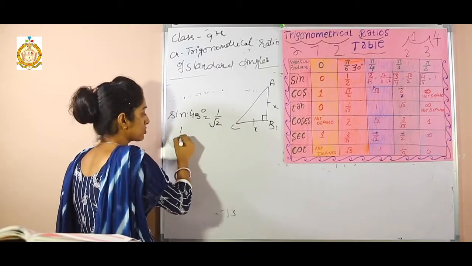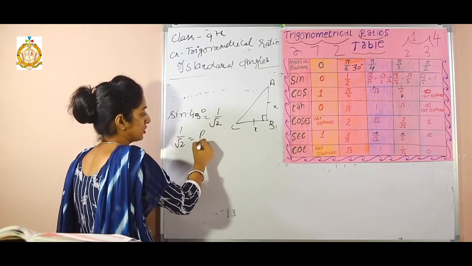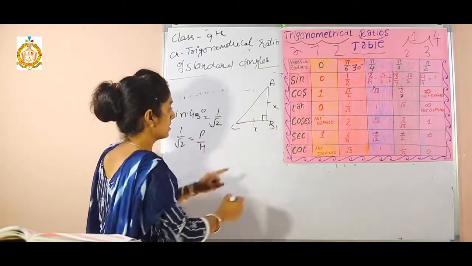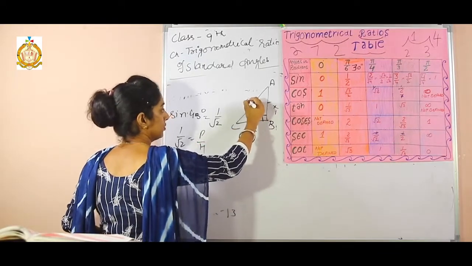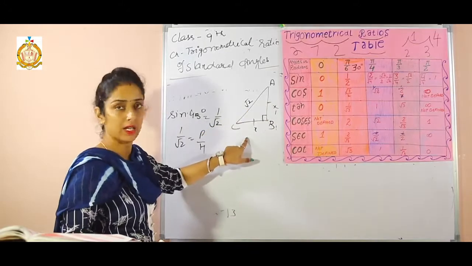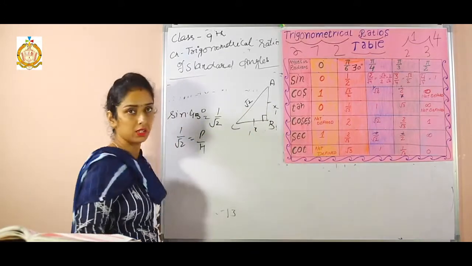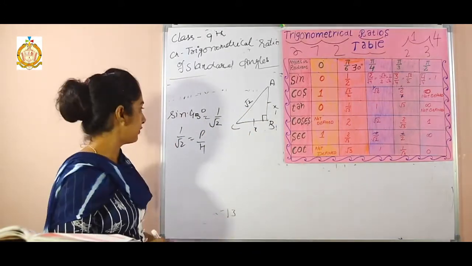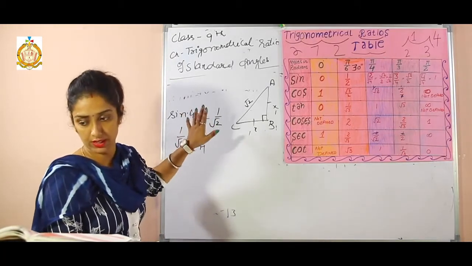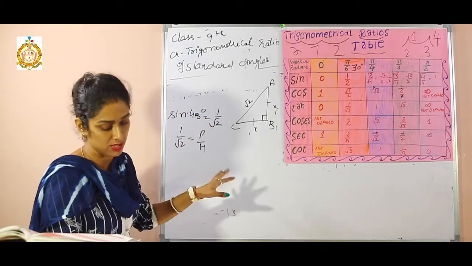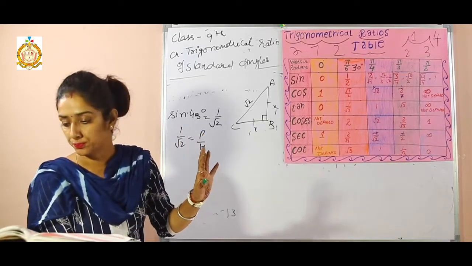Now sine is equal to P over H, means P is 1 and H is under root 2. Now these both are equal, it means this is also 1. So we have to find sine 45 degree, we solved it and we have found the x values, right?